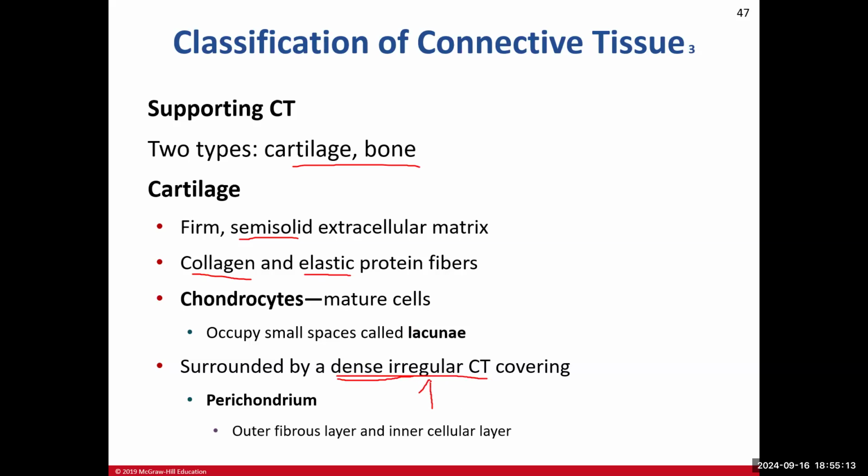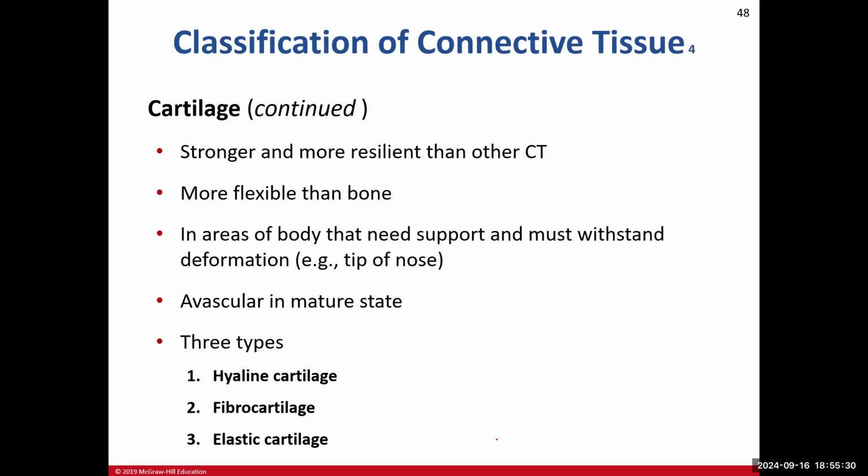And then the inner layer, we call that the cellular layer, and that's going to be made up of cells similar to the chondrocytes. And eventually, they'll become chondrocytes. But we'll talk about what that is in chapter 7 when we get to the bone and cartilage. So when we deal with cartilage, keep in mind, and I mentioned this before, it's more flexible than bone, right?